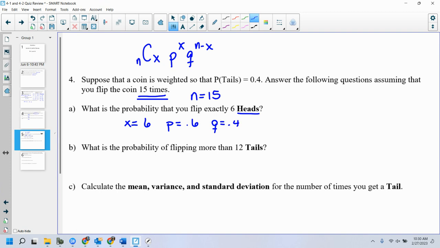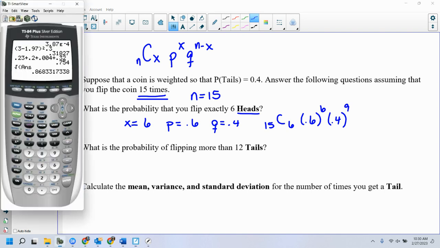Now I'm running the calculation, flip exactly 6 heads. This is 15C6, 0.6 raised to the 6th, 0.4 raised to the what power? 9th, all the leftover ones.